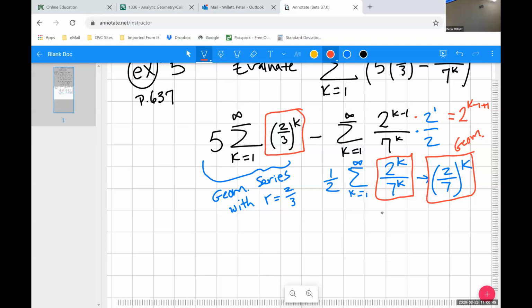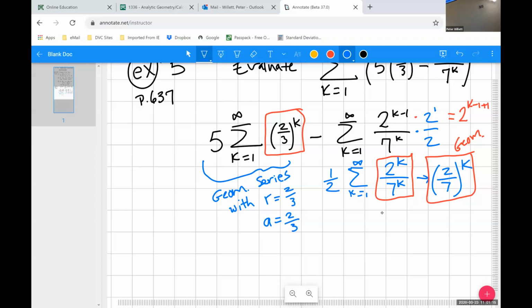Other questions or comments at this point for those who are following along and willing to ask? Okay, so let's try to start evaluating then. We're about 80% done with this problem. So what is my a value, meaning the first term in my geometric series in this first case? Well, when k is 1, it's 2/3.